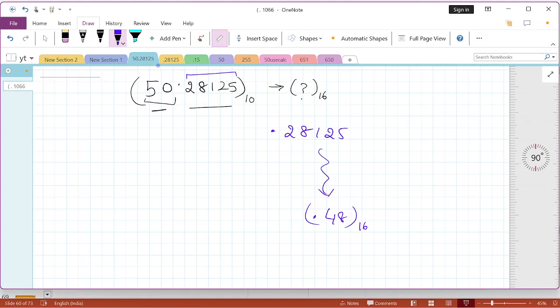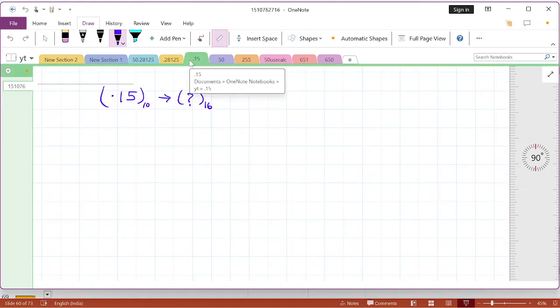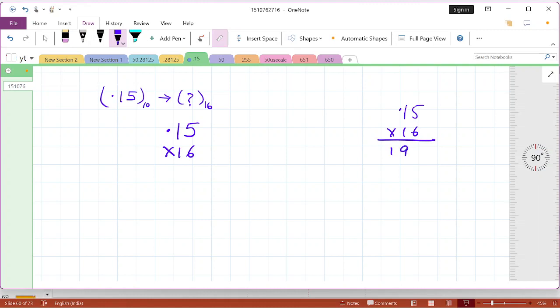But before I calculate this whole number 50, let me do one more example where a fraction is involved, right? 0.15. So 0.15 into 16. If I multiply it, this becomes 2.40.